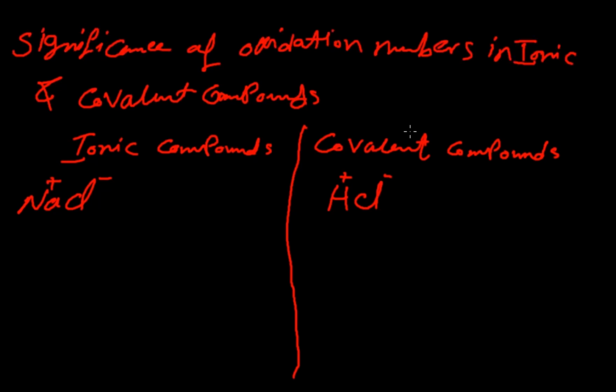Today we will discuss the significance of oxidation numbers in ionic and covalent compounds. As we know, ionic compounds are compounds in which the type of bond between two atoms is ionic because it's formed between a metal such as sodium and a non-metal such as chlorine atom here.